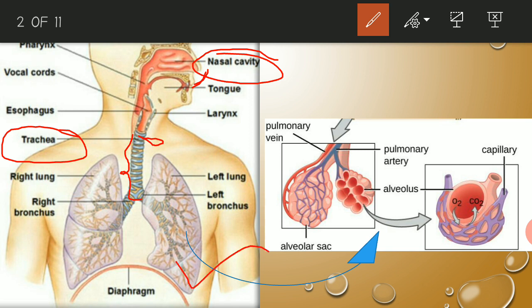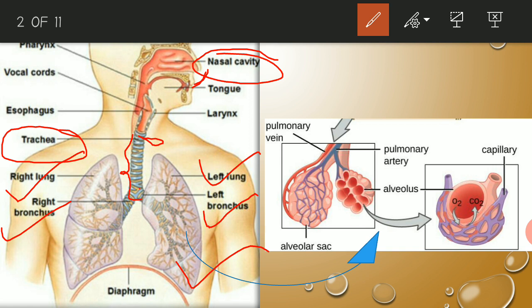The lung is the main respiratory organ in humans. These two branches of the trachea are known as the bronchus in singular and bronchi in plural. Here we have the right bronchus and the left bronchus, and the right lung and the left lung.